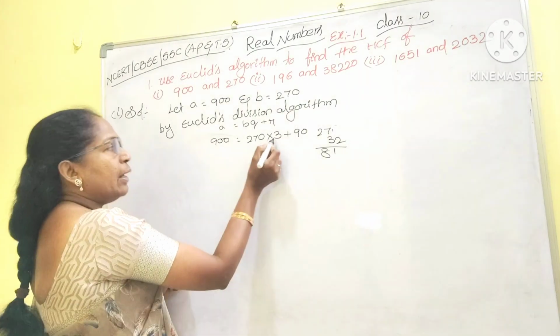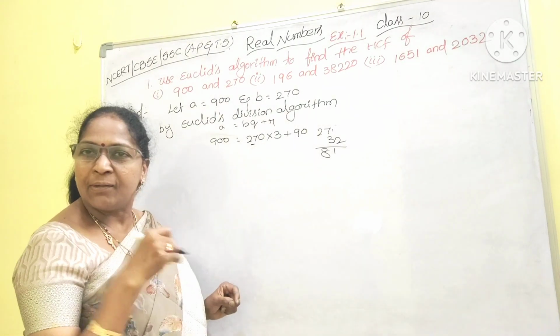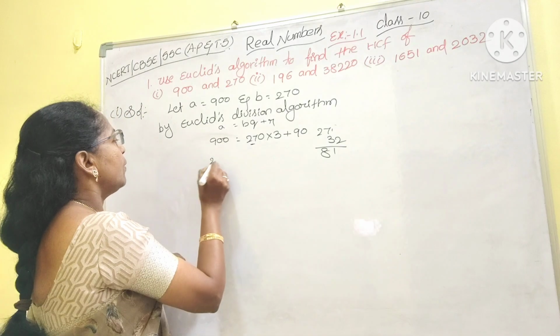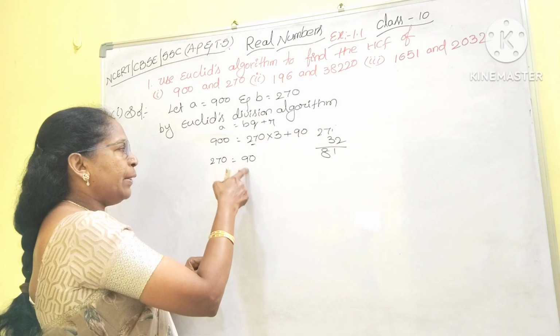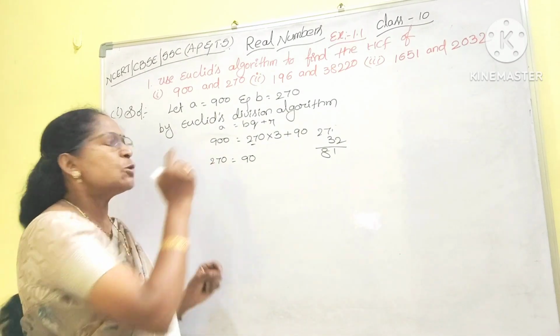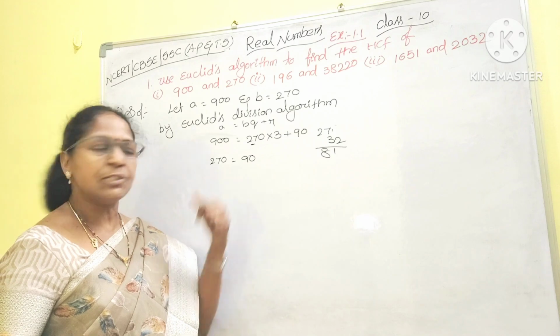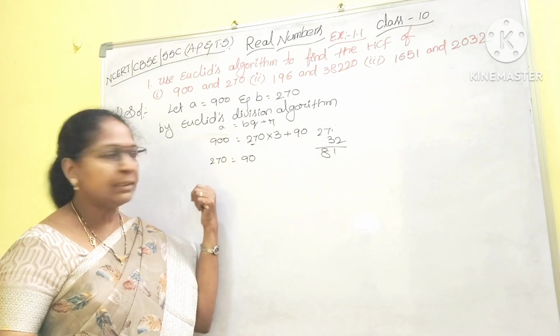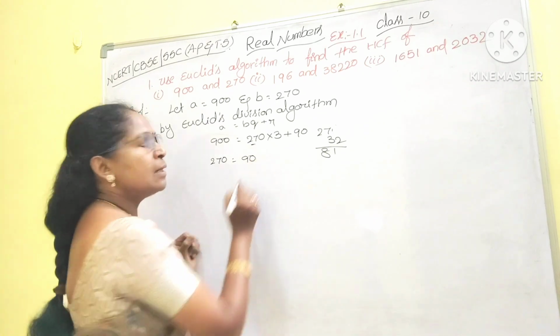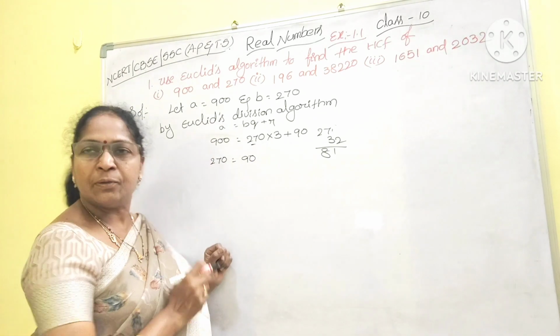Now again, consider the bigger number 270 as A and the smaller number 90 as B. How many times does 90 divide 270? Leave the 0. Read the 9th table: 9 times 3 is 27, so it divides 270 3 times.